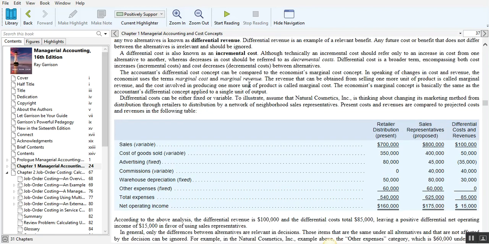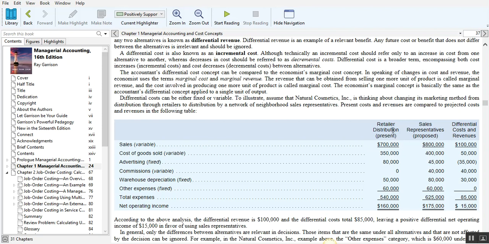So for example, we're going to analyze a retailer distribution here and a sales representative here. These are two different methods of distribution. In this case, they're looking at using two different distribution chains.